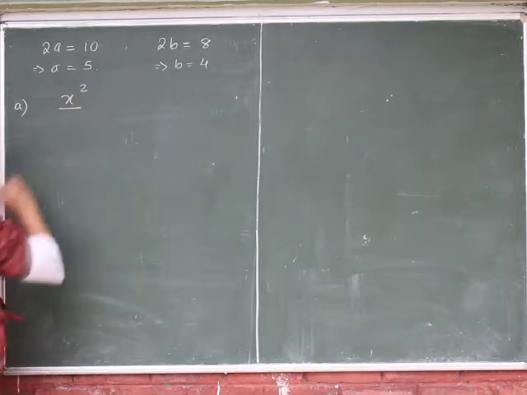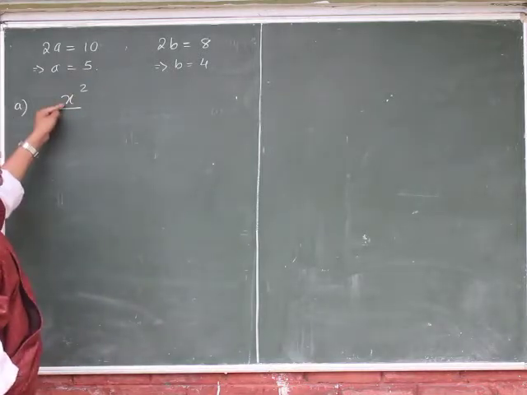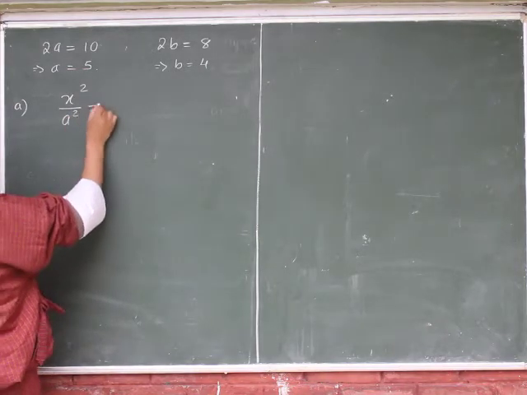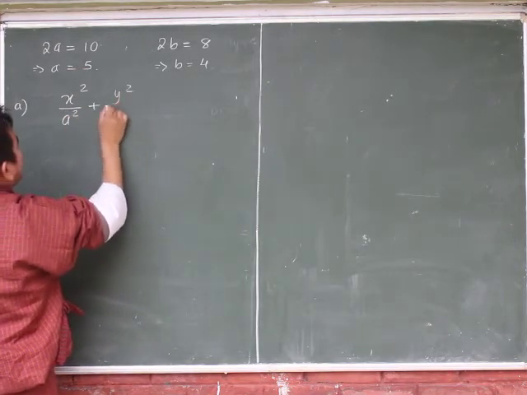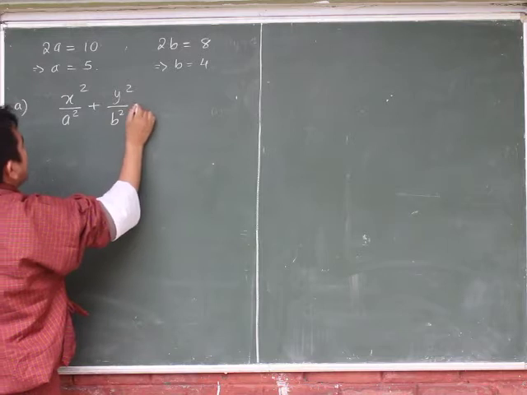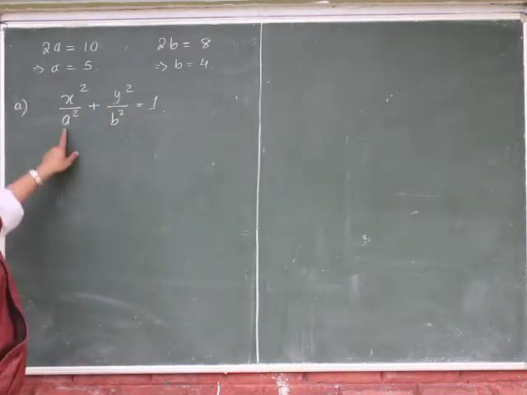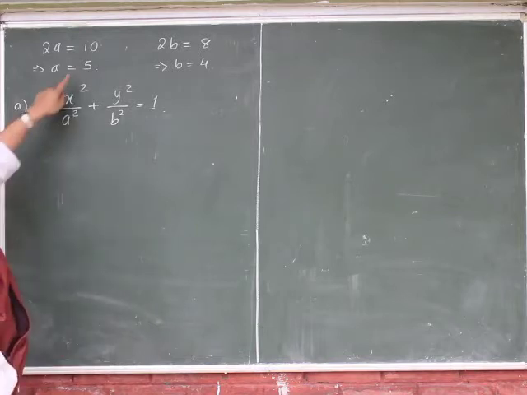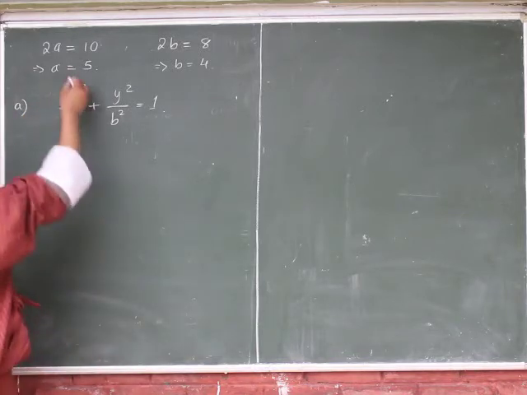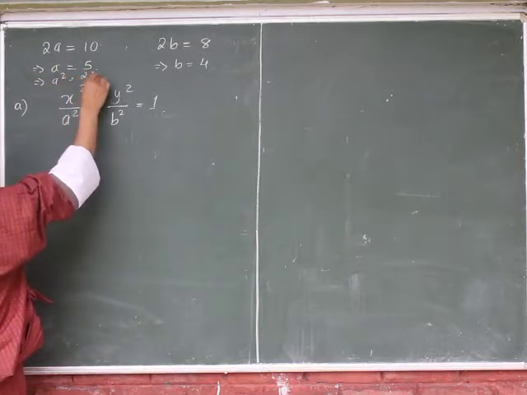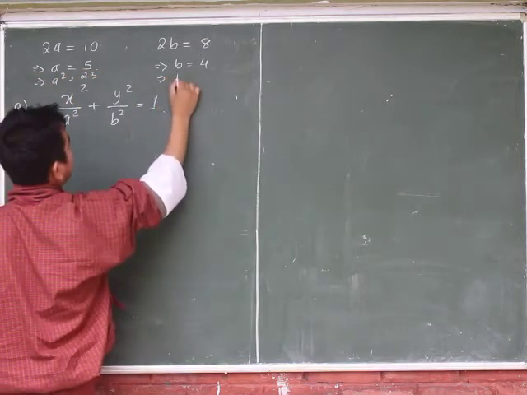Horizontal ellipse means the major axis will be along the axis of x, and the equation is x square by a square plus y square by b square equal to 1. We need a square and b square values. So a value is 5, which implies a square value is 25.